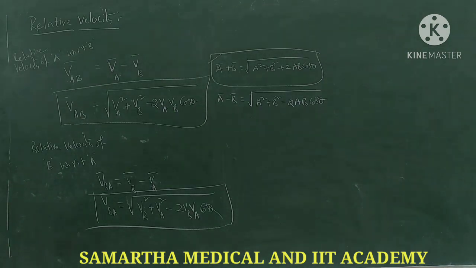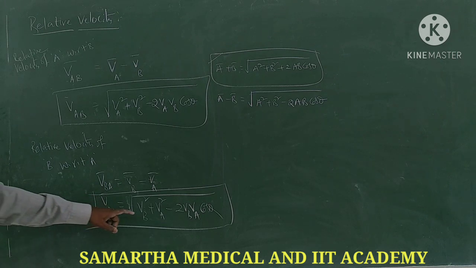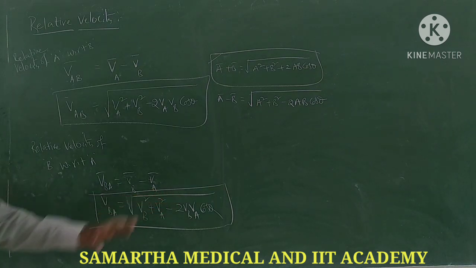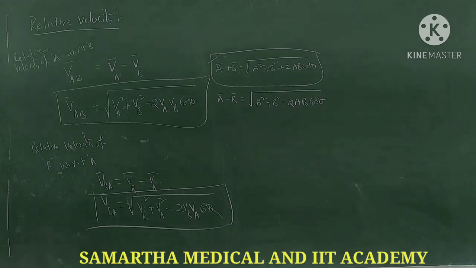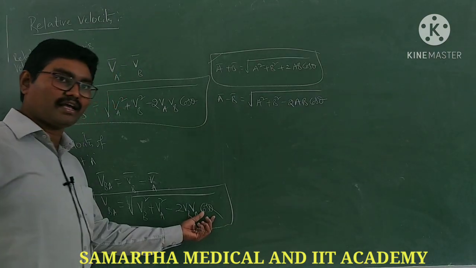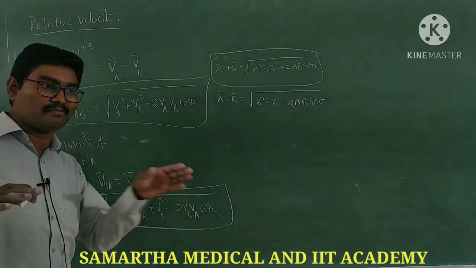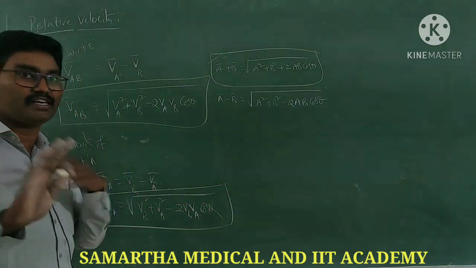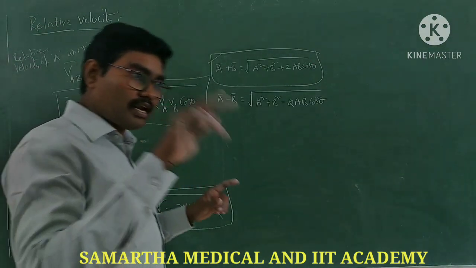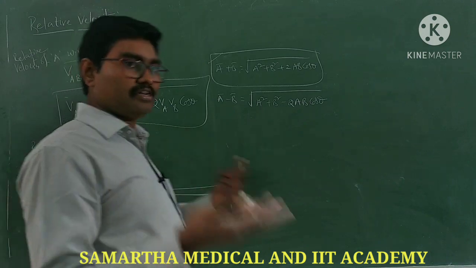So VBA bar is the square root of VB square plus VA square minus 2 VB VA cos theta. Suppose VA and VB are equal. I am not saying anything about the angle. They could be coming in the same direction or going in opposite directions. I didn't say, so then the angle also we need to consider.